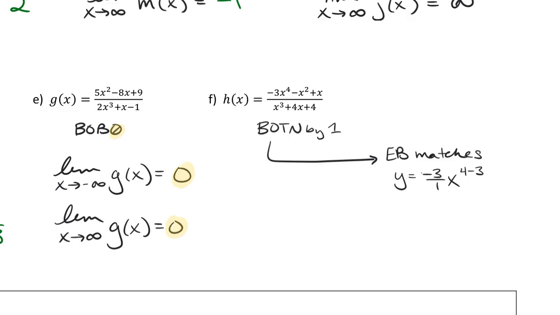The end behavior, our slant asymptote, is going to match the behavior of a polynomial function if I take the leading coefficients and divide them. Leading coefficient of the top is negative 3. Leading coefficient of the bottom is 1. And subtract the degrees. What's the degree of the top? 4. What's the degree of the bottom? Okay, so let's make this look nicer because, ew. If we were to actually simplify this, this would become negative 3 and x to the first power.